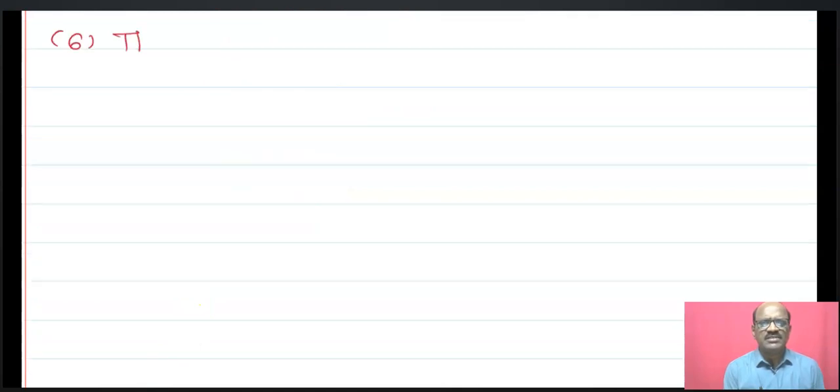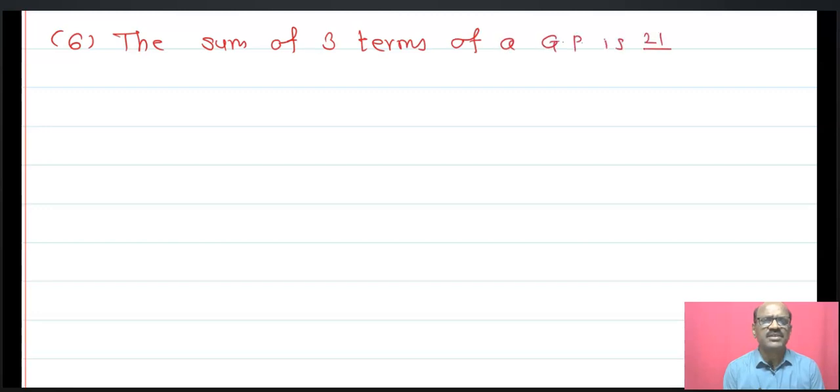Now we'll see question number 6. The sum of 3 terms of a GP is 21 upon 4 and their product is 1.